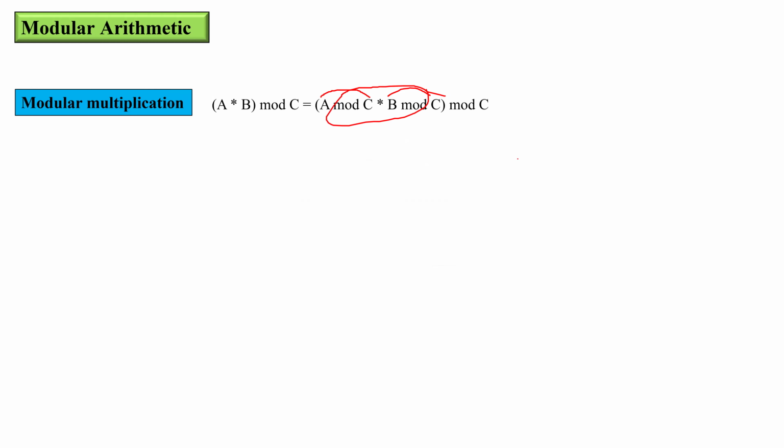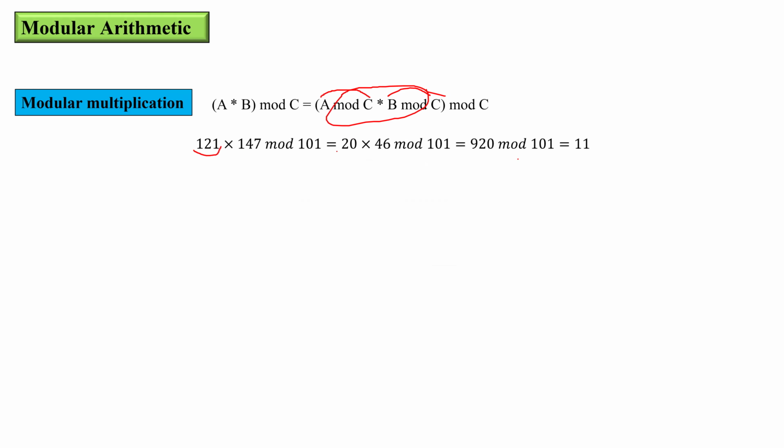So let's follow this multiplication formula with an example again. We want to multiply 121 by 147 and then compute mod 101. The right side formula says that first compute mod of the A value.